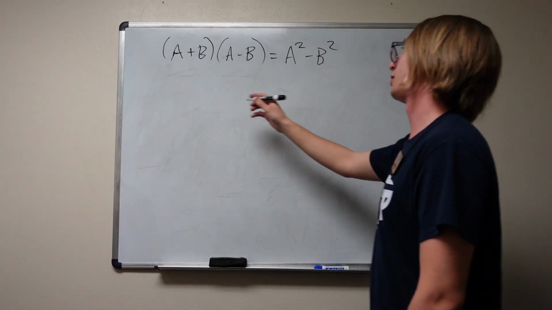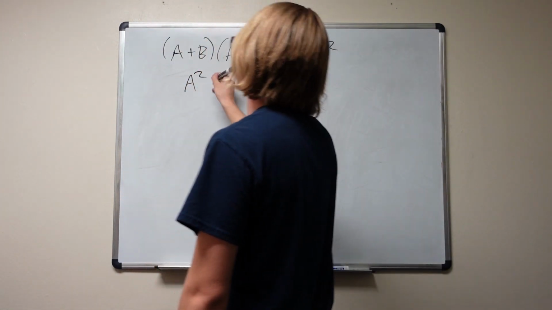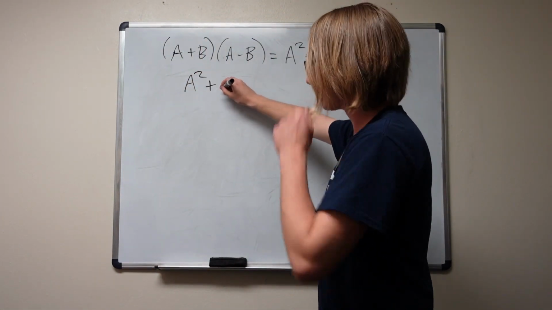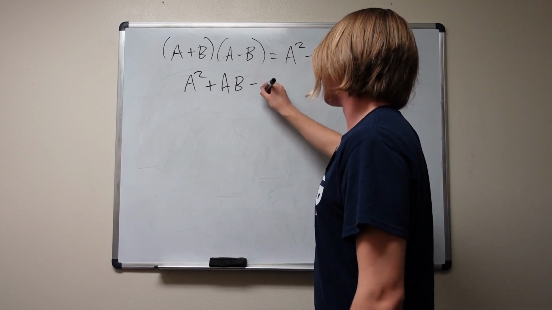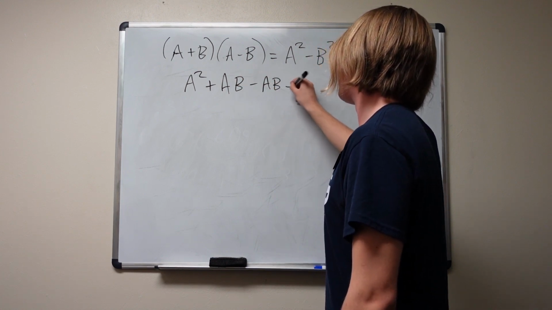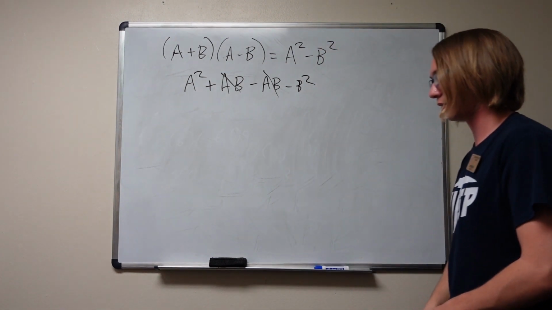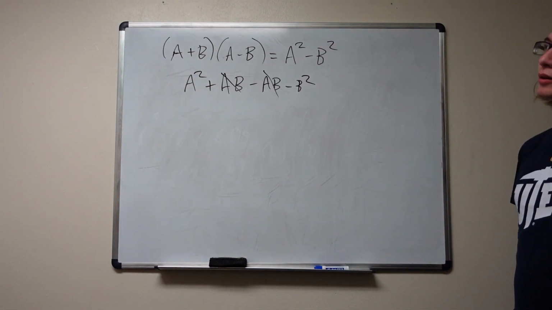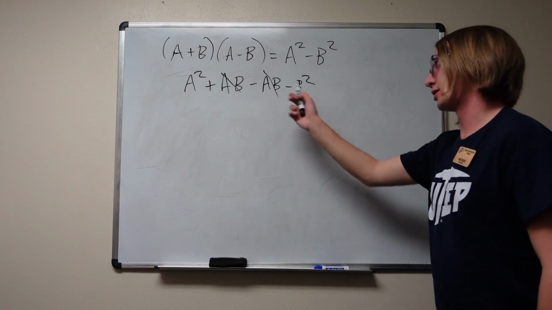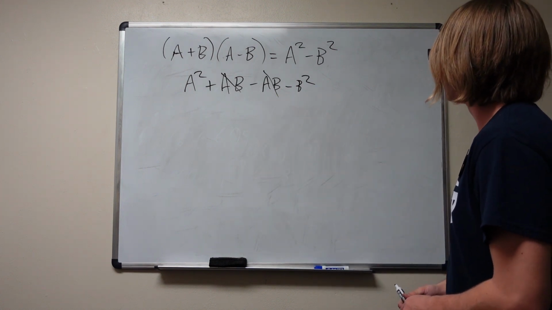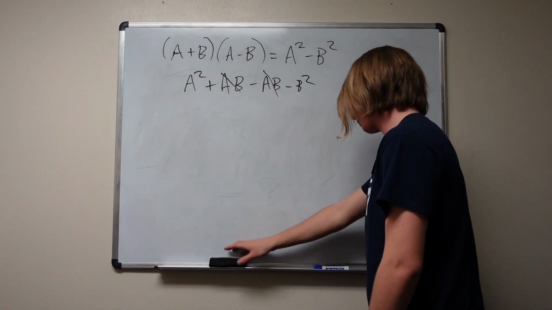If I wanted to write it out the long way, we get a squared plus ab minus ab minus b squared. So the ab would cancel out because you're adding and subtracting it.